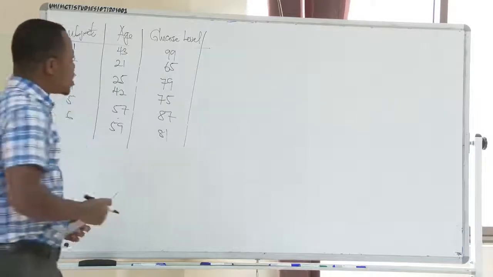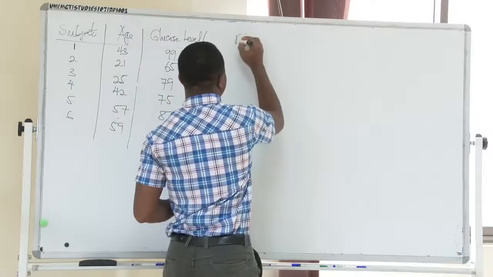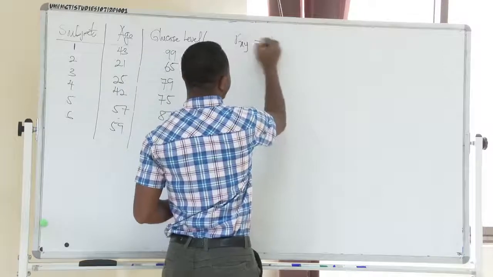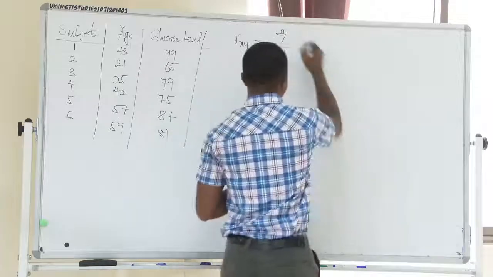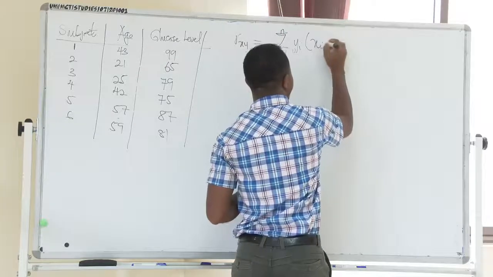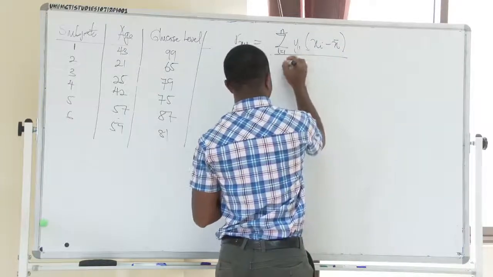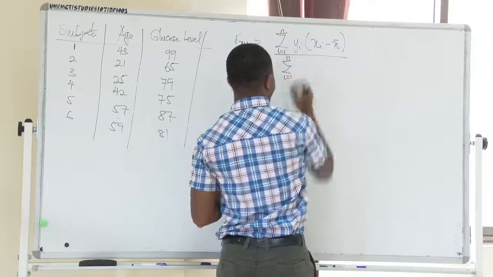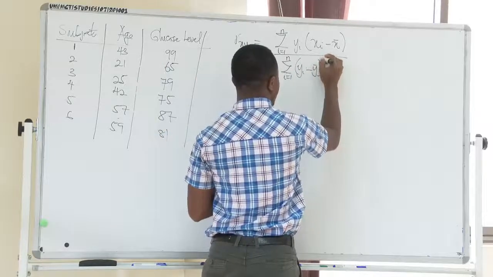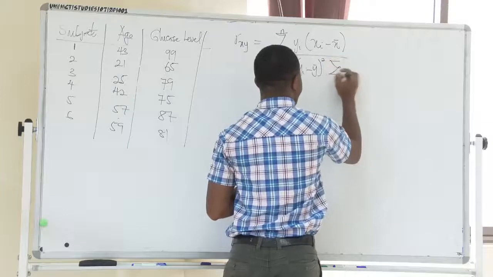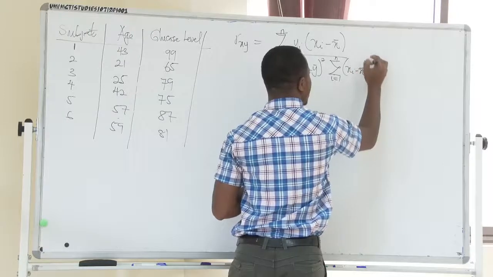From the formula we used earlier in determining the correlation analysis, we have the correlation of xy, which is equal to the summation from i equal to 1 to n of yi minus y bar times xi minus x bar, all over the summation from i equal to 1 to n of yi minus y bar all squared, times the summation of i equal to 1 to n of xi minus x bar all squared.